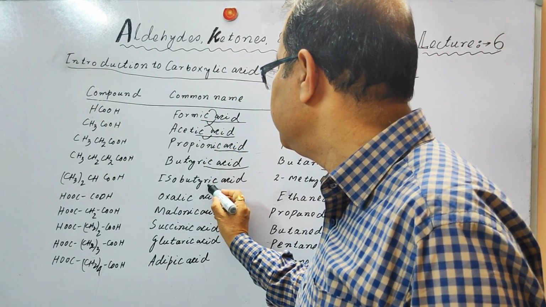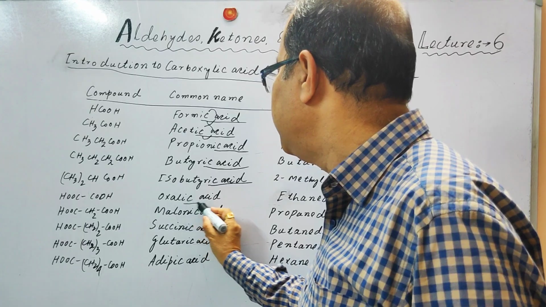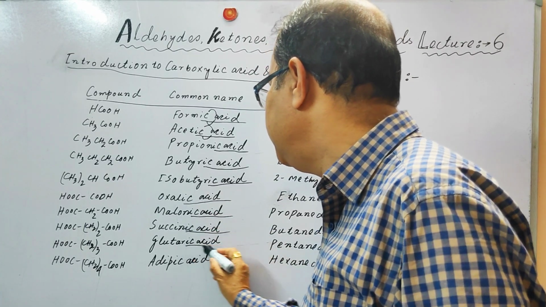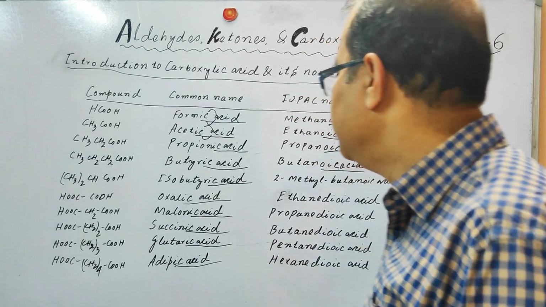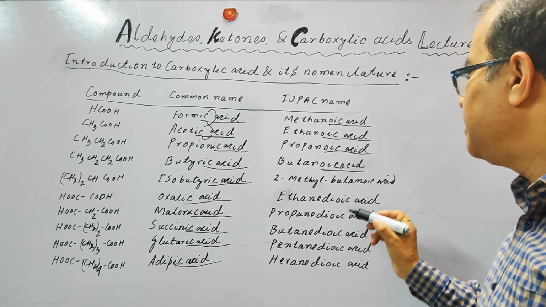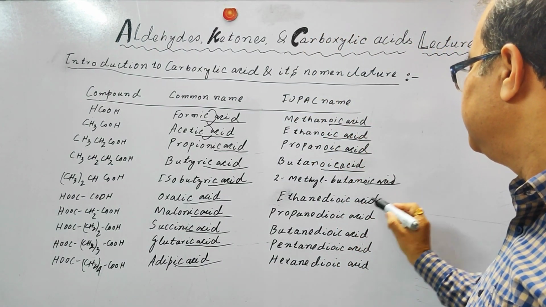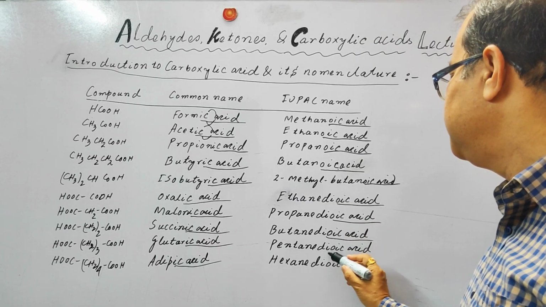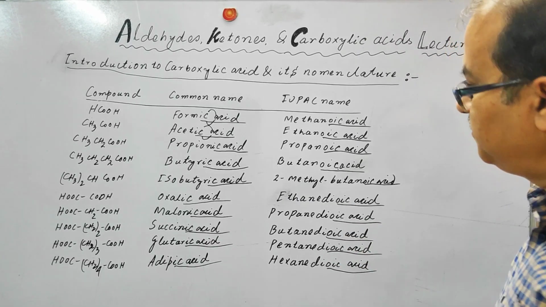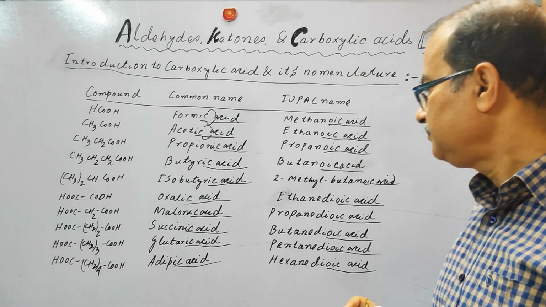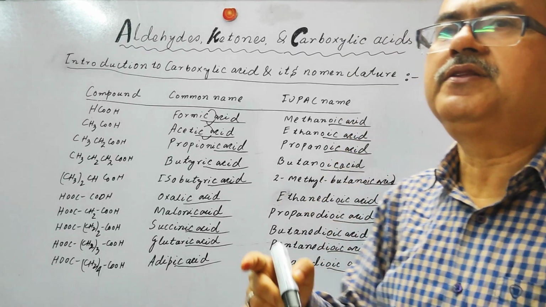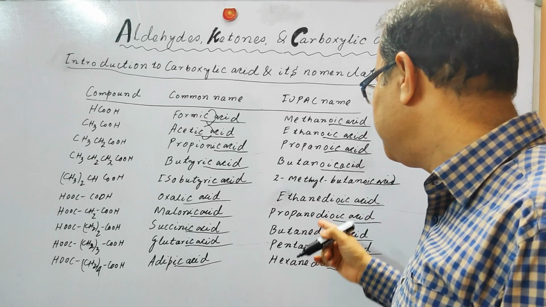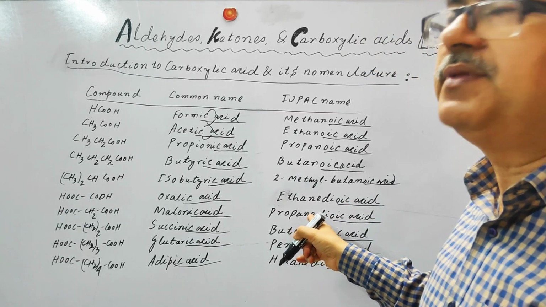So what we learned from this is that the common names end in ic acid, while the IUPAC names end in oic acid. When there is more than one carboxylic group, you have to retain the E of the alkane.